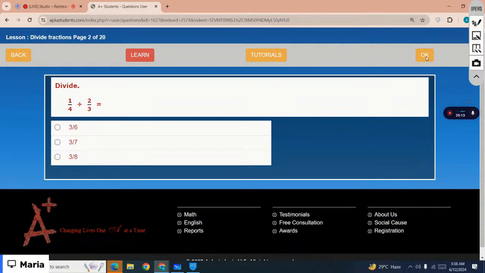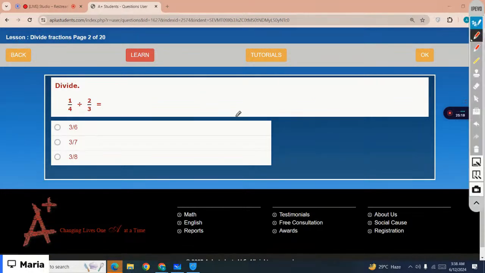So which is the correct option? You have to replace the division sign with multiplication. That would be 1 over 4 times 3 over 2.